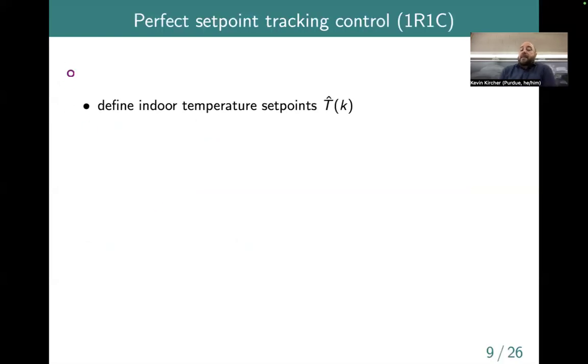The simplest thing to simulate would be what we call perfect tracking control, or perfect set point tracking control. The idea there is that if you were to change the setting on the wall thermostat, the model underlying this approach to simulating buildings would say that the actual measured indoor air temperature perfectly tracks whatever we specify. And so then we can back out, for example, energy usage from that.